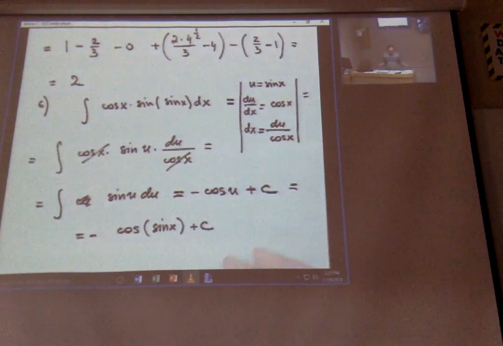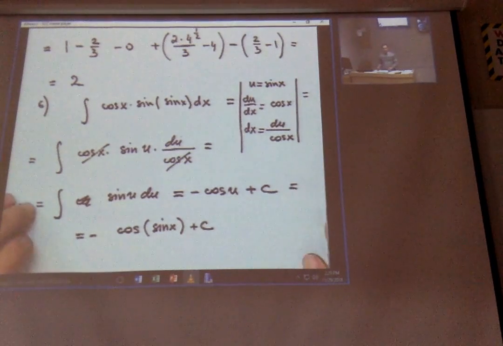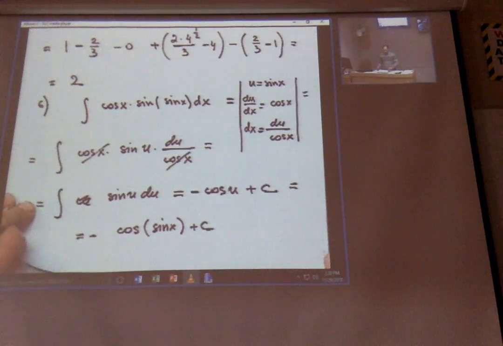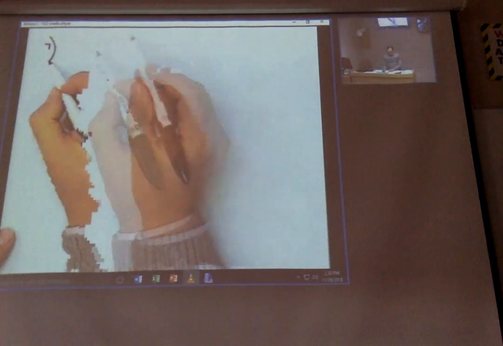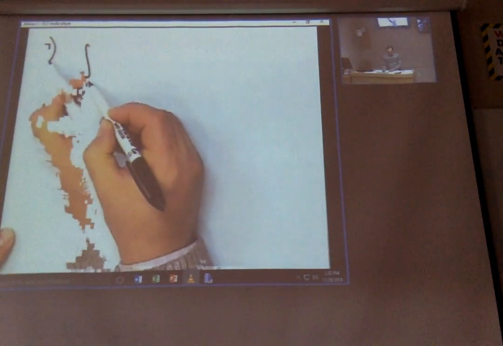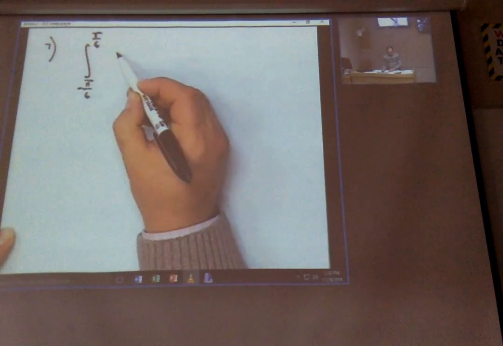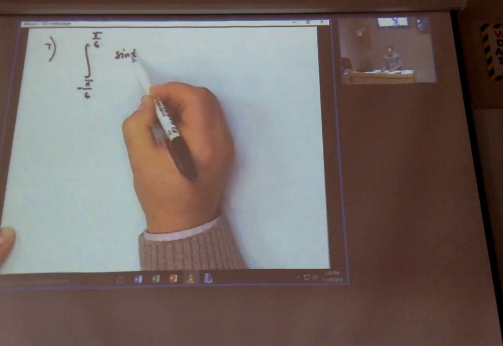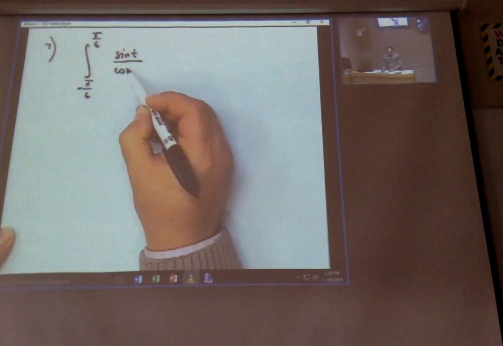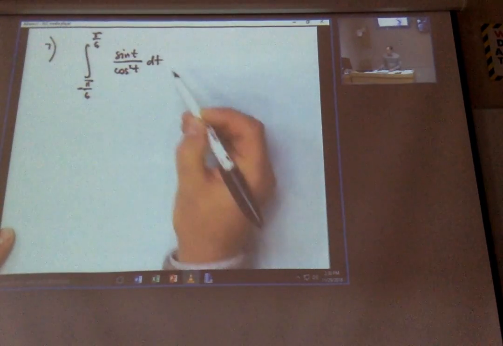So now we're going to try one with, let's say, a definite integral. The integral from negative pi over 6 to pi over 6 of sine of t over cosine squared of t dt.